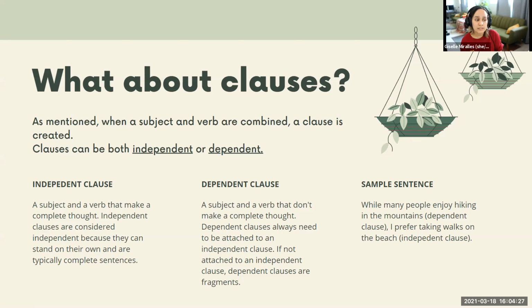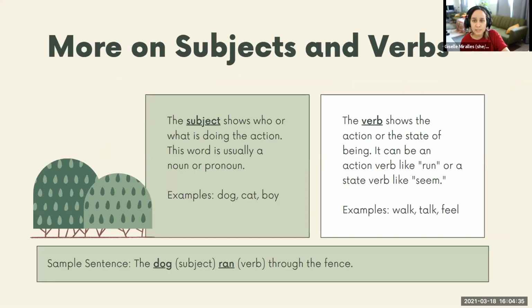Independent clauses are considered independent because they can stand on their own and are typically complete sentences. So on this page, this sample sentence would be considered an independent clause because it's a complete sentence and it can stand on its own. It does not need support from another clause to make it a complete sentence.